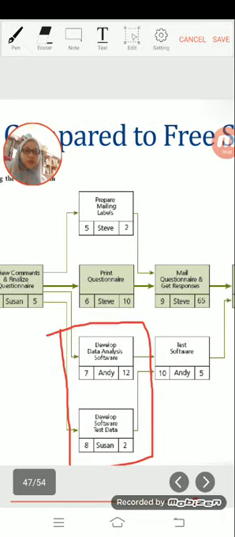Activity 7 needs 12 days to finish, while activity 8 only needs 2 days to finish.